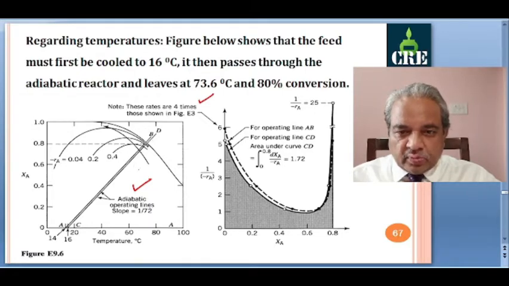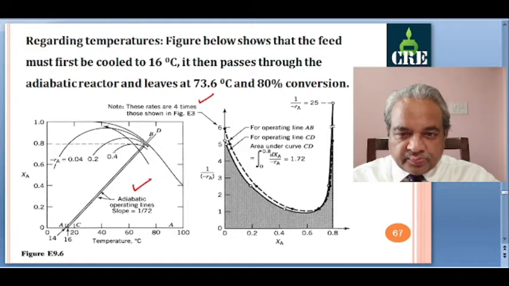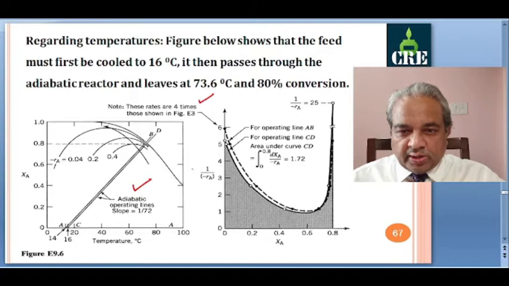And you have to find out these optimum values here. So for 1 upon minus RA value, so corresponding from these values of RA, you can find out 1 upon RA.